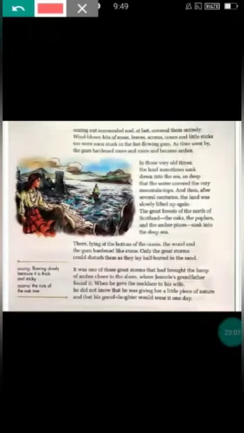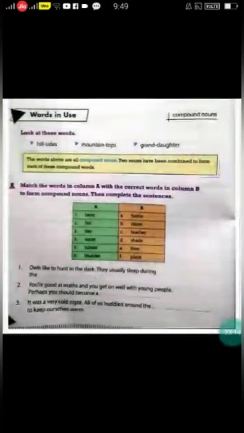Here, if you observe, mountain tops. So all those are compound nouns, compound words, where two nouns are combined to form the compound word. Words in use about compound nouns. Look at these words: hillsides, mountain tops, granddaughter. The words given above are all compound nouns, where two nouns have been combined to form each of these compound words.